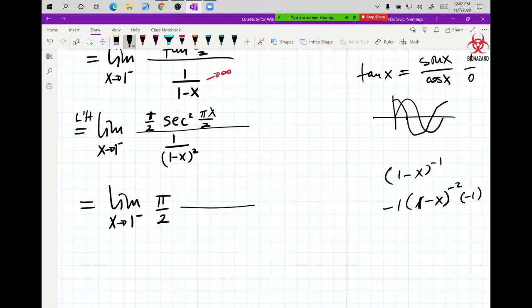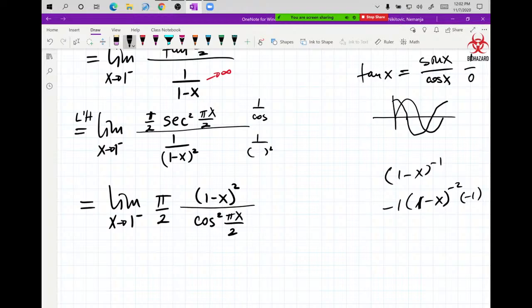Now, secant is 1 over cosine, and over here I have 1 over the parenthesis squared. So I hope you see that this becomes 1 minus x squared on top, and then the 1 over cosine just goes to cosine squared of pi x over 2.